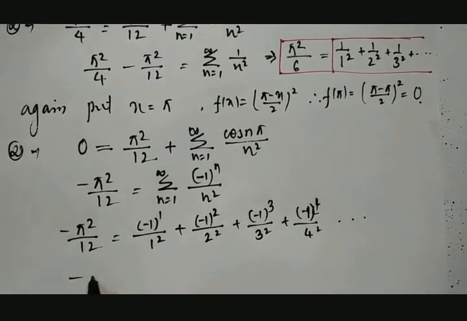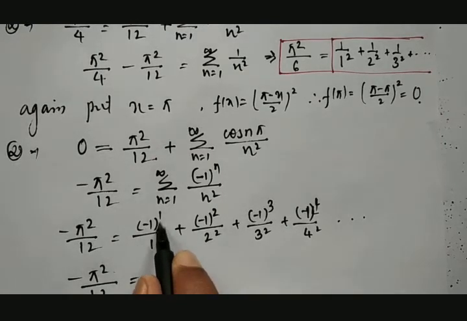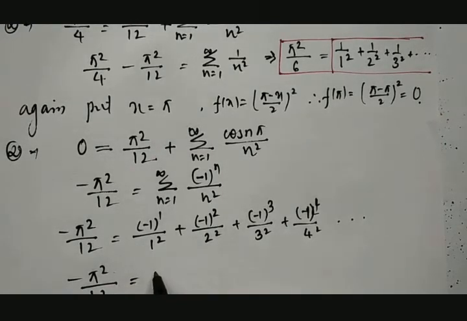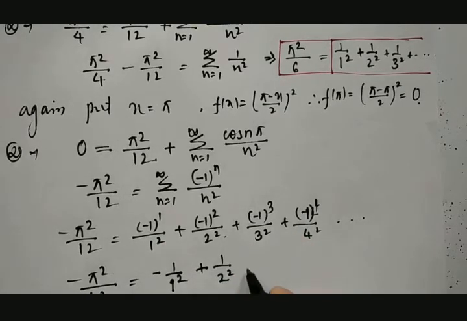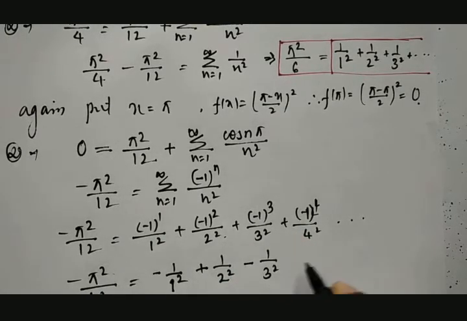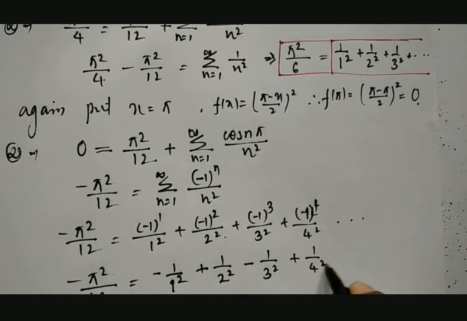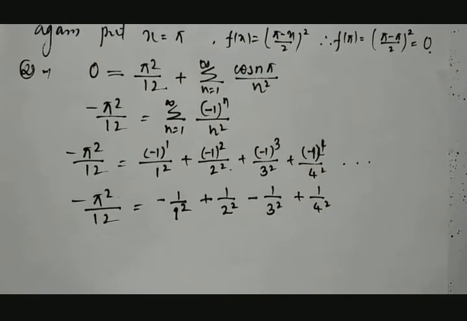Therefore this is minus pi square by 12, which is equal to minus 1 raised to 1 will be minus, so minus 1 divided by 1 square. It will be plus 1 divided by 2 square. Again it will be minus 1 divided by 3 square. It will be plus 1 divided by 4 square and so on.